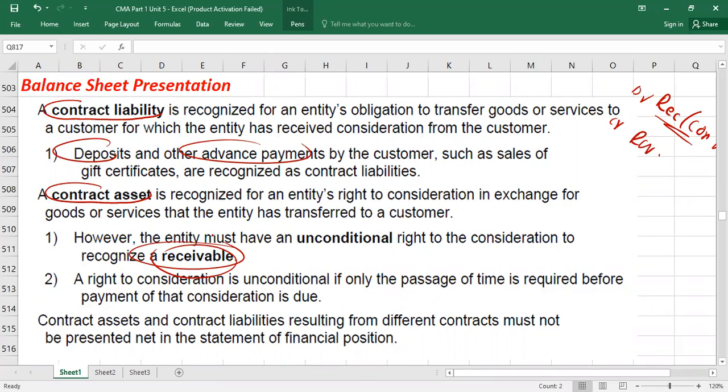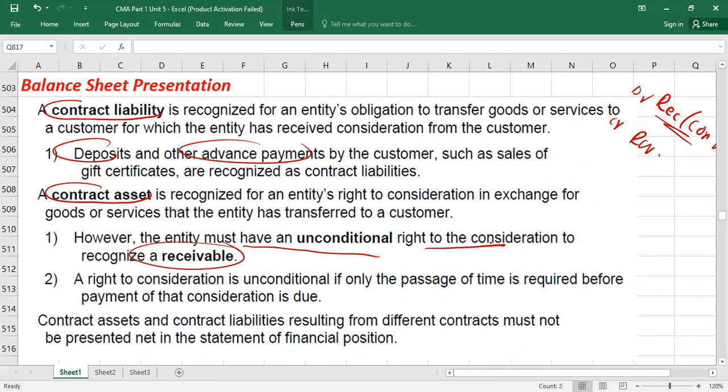And now the seller is just waiting. It's a matter of passage of time. The seller is waiting because the customer has promised that he will pay after 2 months. So now we can book receivables. When can a receivable be booked? Here is an important point: the entity must have an unconditional right to the consideration.